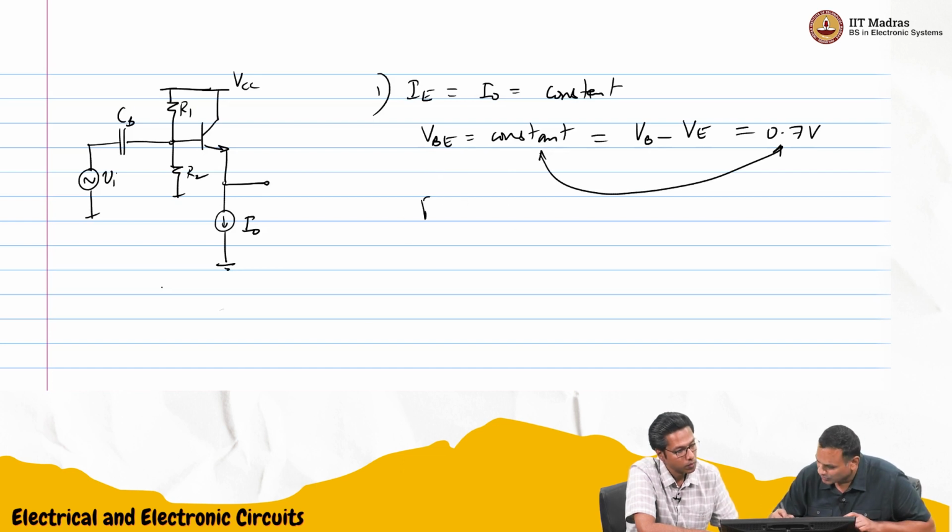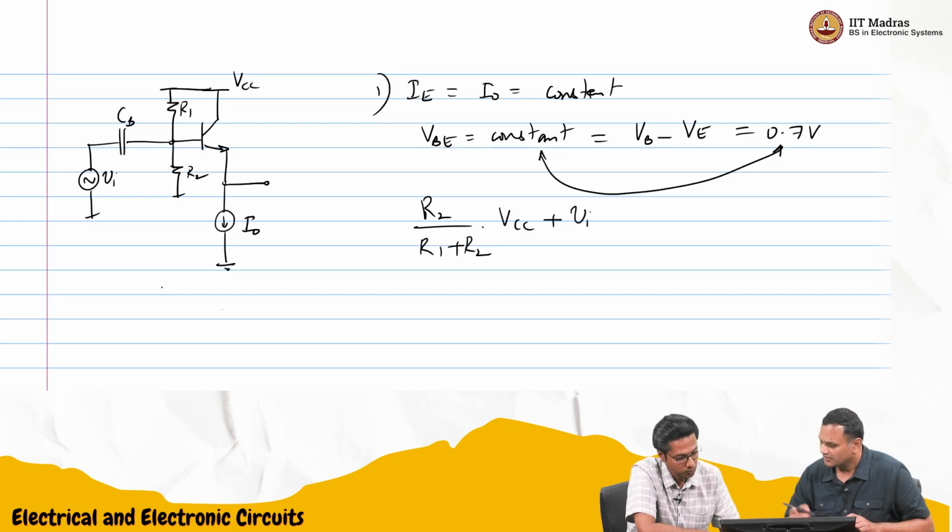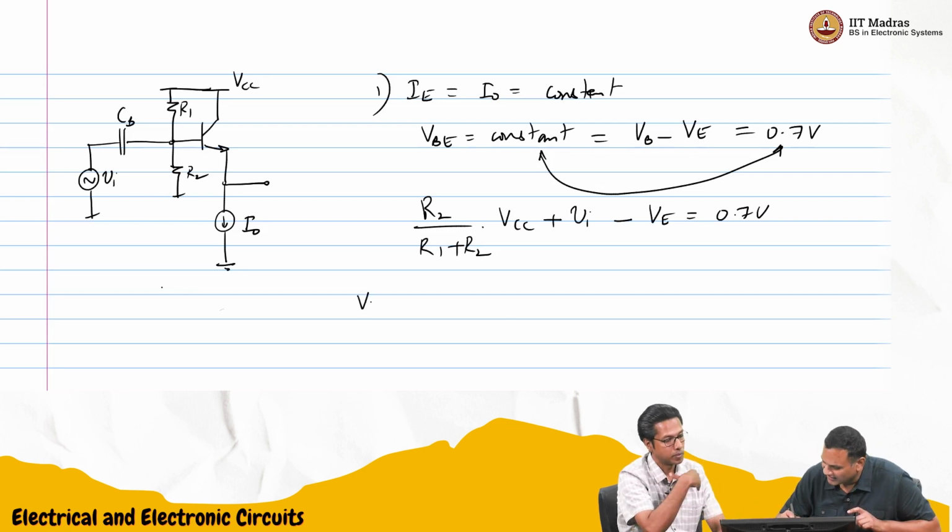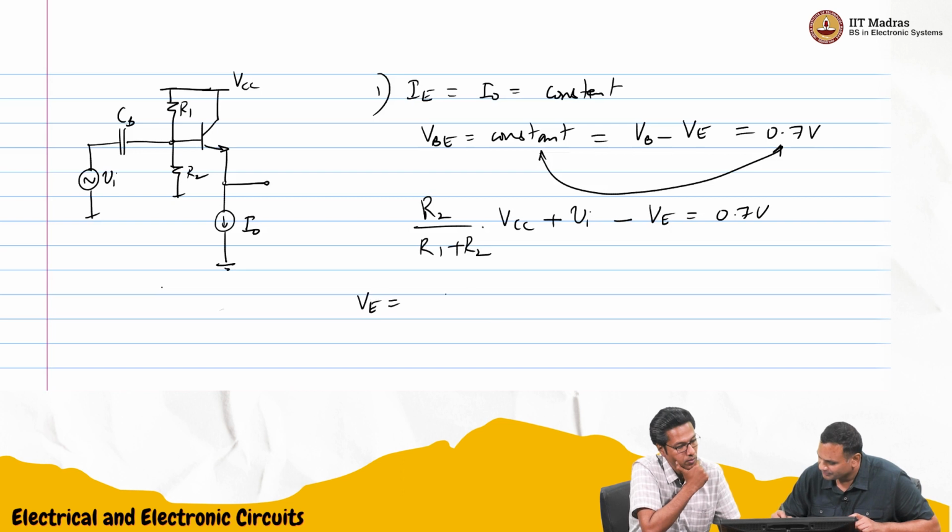VB is basically R2 by R1 plus R2 times VCC plus VI, minus VE is 0.7. So this tells us that VE is simply VB minus 0.7.